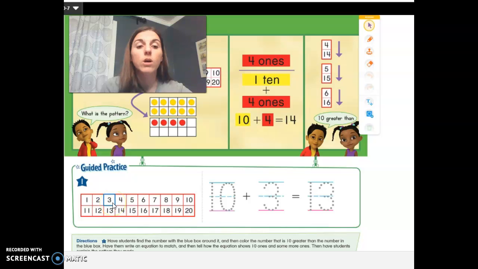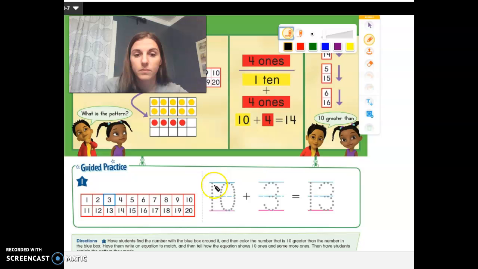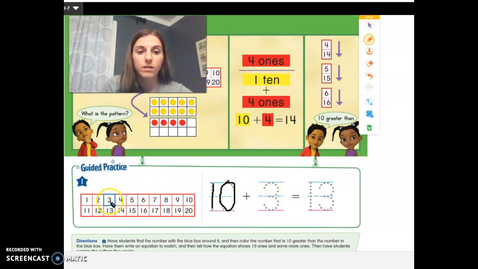Okay, and if we're going to go 10 more, it's going to bring us down right below it on the hundreds chart. Okay, so you're going to write 10 plus that number right here, 3, is going to bring us right under it. That is 10 more, and that number is 13.